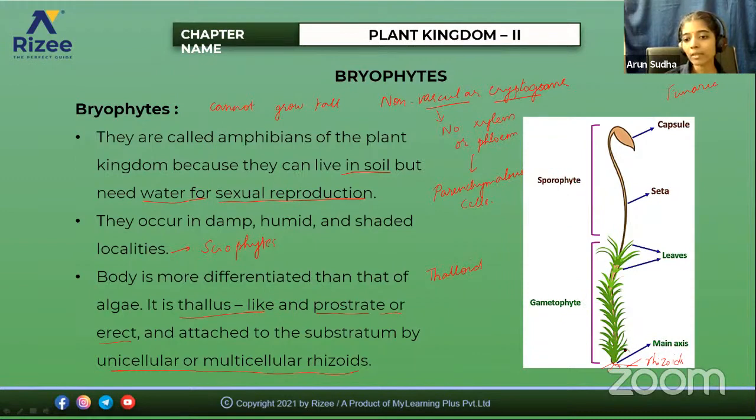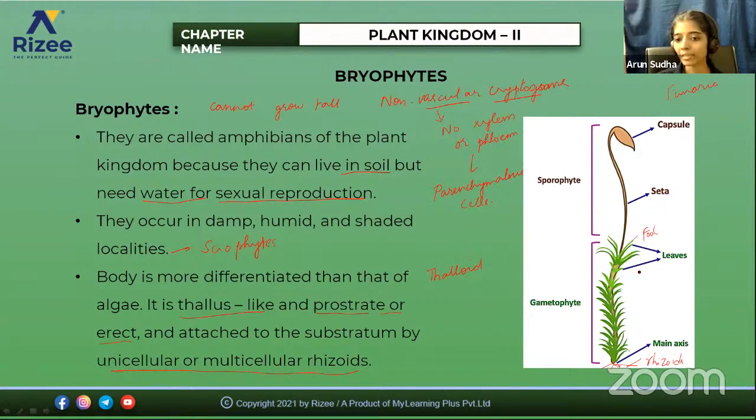So the rhizoids, then there arises the main axis, which is connected with the leaf-like structures, and these are the gametophytic phase. And then from this arises the sporophytic phase. That is here it is called the foot. Different species will have different types of this arrangement. Some species will have the foot and the capsule, and there will be no seta, so it will be directly attached to the capsule.